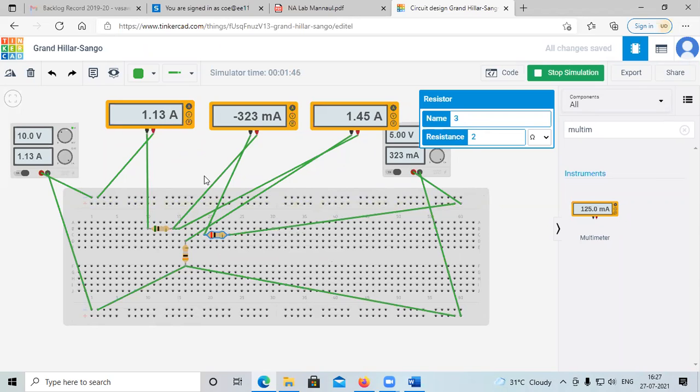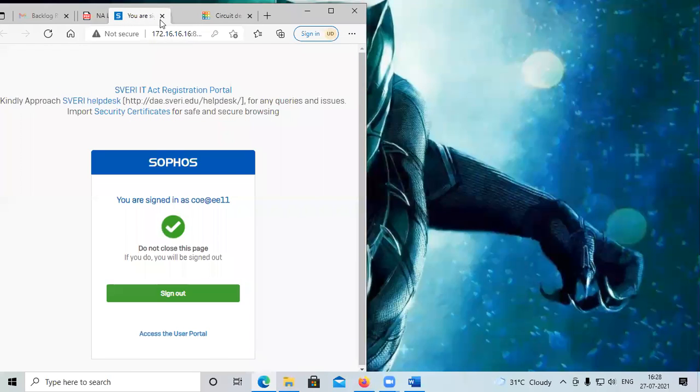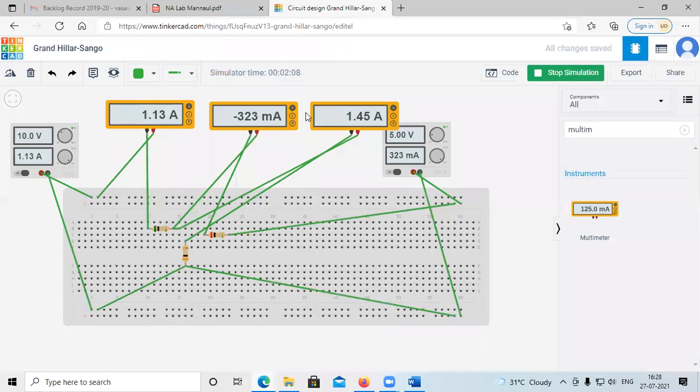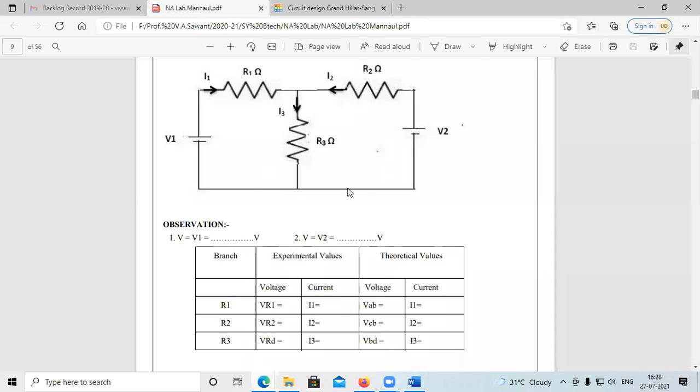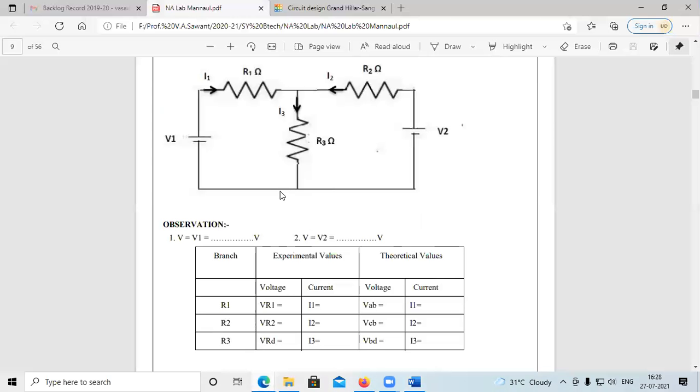Let us verify KVL, or mesh analysis. For that, we calculate the drop VR1. As per our calculation, R1 is 5, R2 is 2, R3 is 3. The value of I1 is 1.13, I2 is 0.323, and I3 is 1.45. So we check what value comes for our KVL.